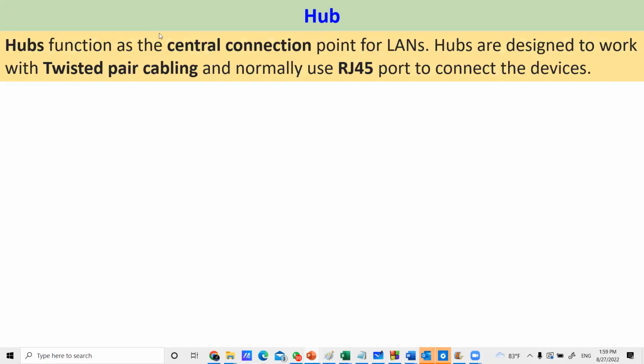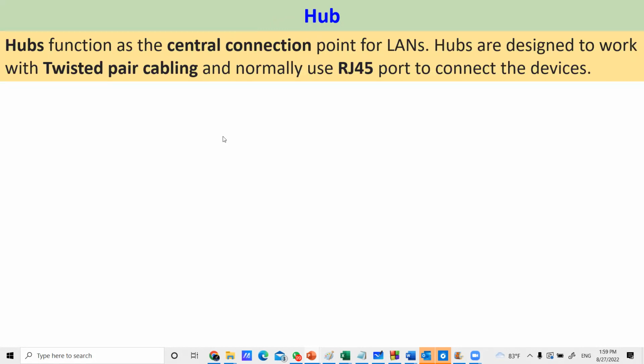Right. Now look at the next one, the hub. A hub is a computer network device. Normally we use it to connect computers with the hub. Look at the description here. A hub functions as the central connection.